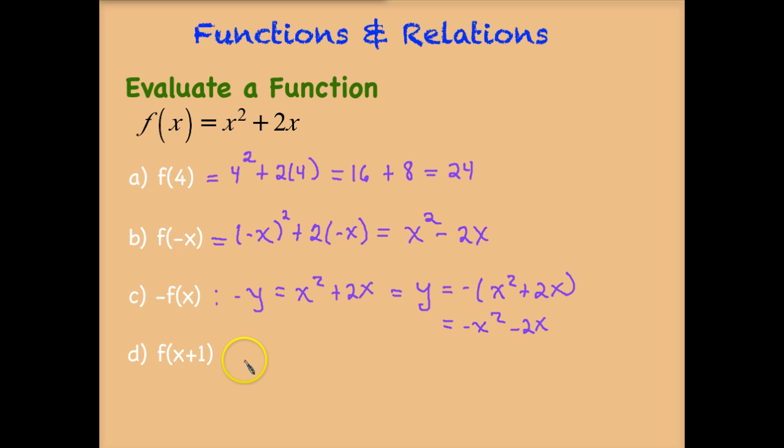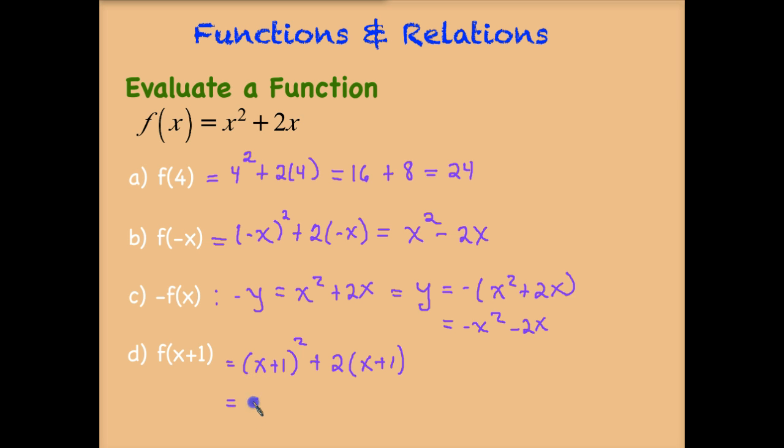All right, last one. In this case, we want to substitute all the x's for x plus 1. So we would have an x plus 1, we would square that, plus 2 times x plus 1. So in all these cases, I have replaced x with whatever the problem has asked me to replace it with. Now I'm going to simplify. Well, we have a binomial squared. Remember there we have a pattern. We can either take x plus 1 times x plus 1 and distribute, or we can use our pattern.